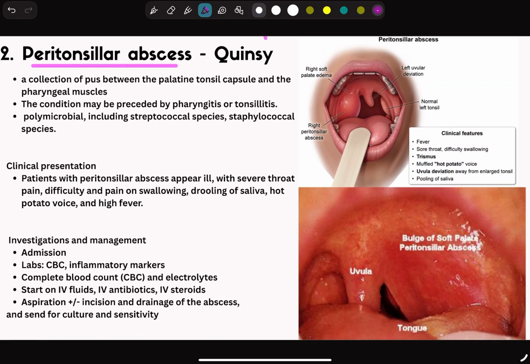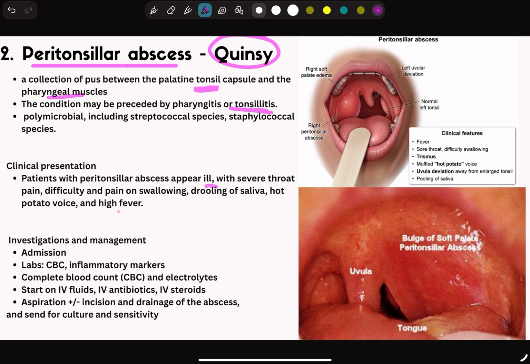Peritonsillar abscess, or it's called quinsy. So basically, it is a collection of pus in between the tonsils and the pharyngeal muscle. So it is not just tonsillitis. Now we have some collection between the tonsil and the pharyngeal muscle, and it is a complication of tonsillitis, and the patient will be sicker.